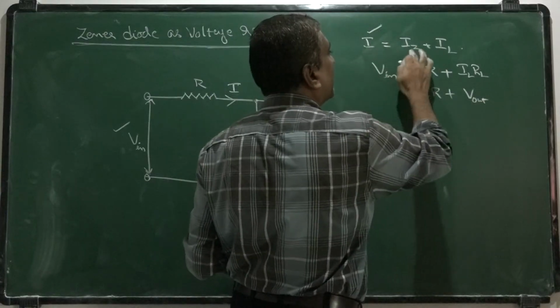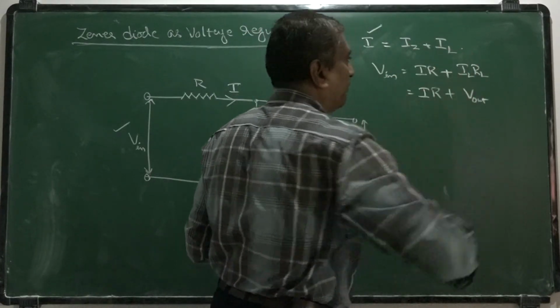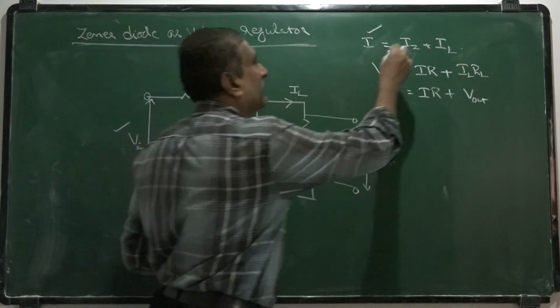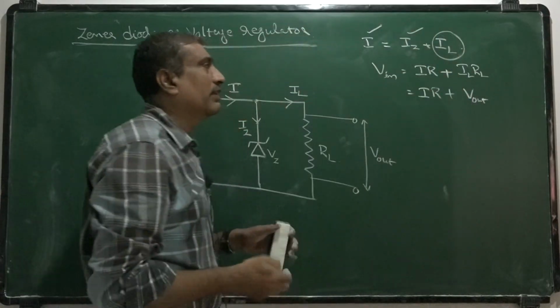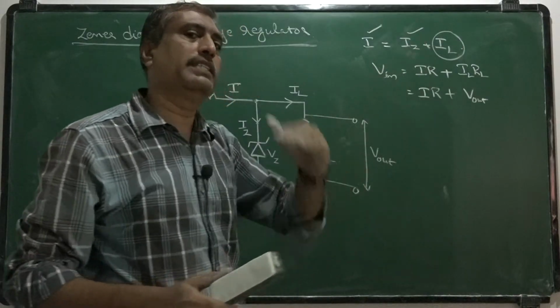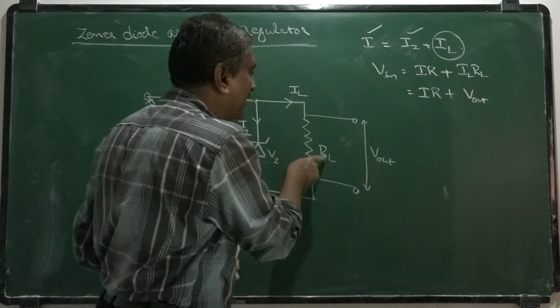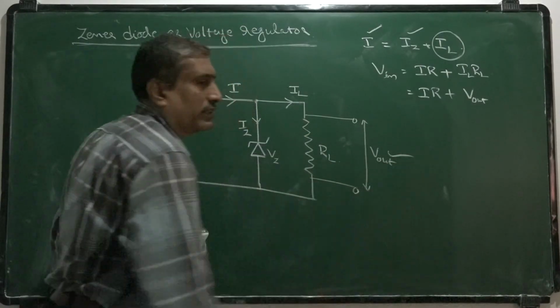This increase has to be taken by IZ and IL, but it is absorbed by IZ only, so that IL remains constant. Whatever the increase in I, it is taken by IZ. That means IZ increases and IL remains constant, so the output remains constant.